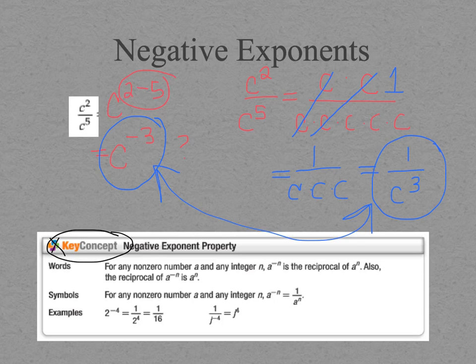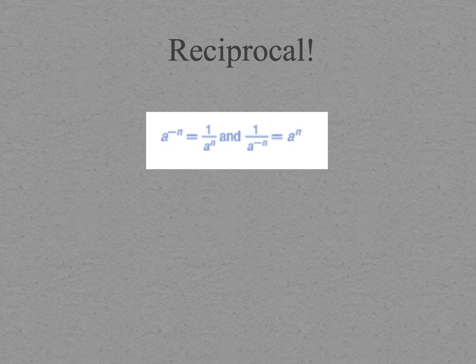And that's what this property tells us, that when we have a negative exponent, so if I had x to the negative 2, to make the negative go away, I put it in a fraction underneath 1, and I make my exponent positive. That's all that this property really tells us. So here, again, imagine I had x to the negative 2. Well, I could rewrite that as 1 over x to the positive 2.